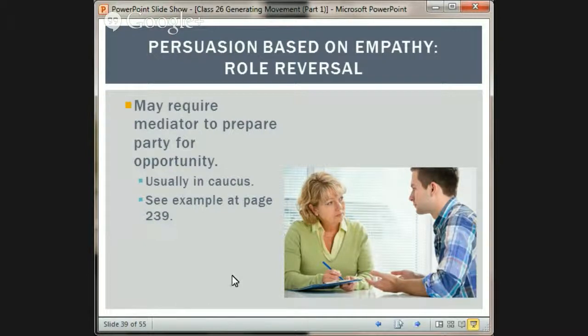It may require the mediator to prepare the party for the opportunity, and you usually have to do it in caucus, or you may have to do the whole role reversal discussion in caucus, because it's requiring them to make some concessions that they may not want to make in front of the other party.